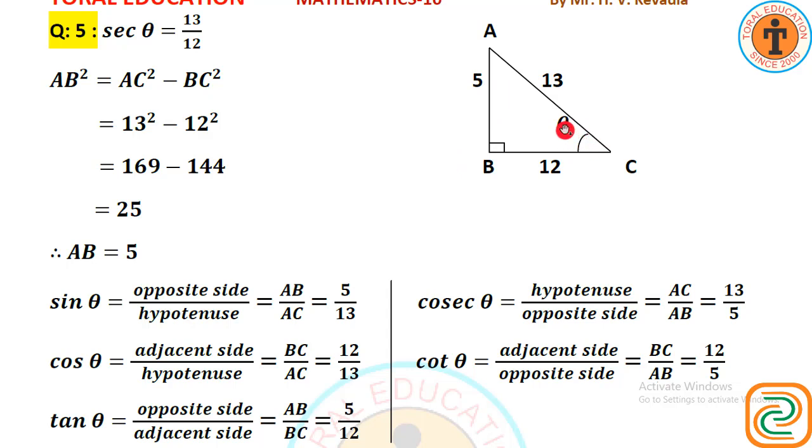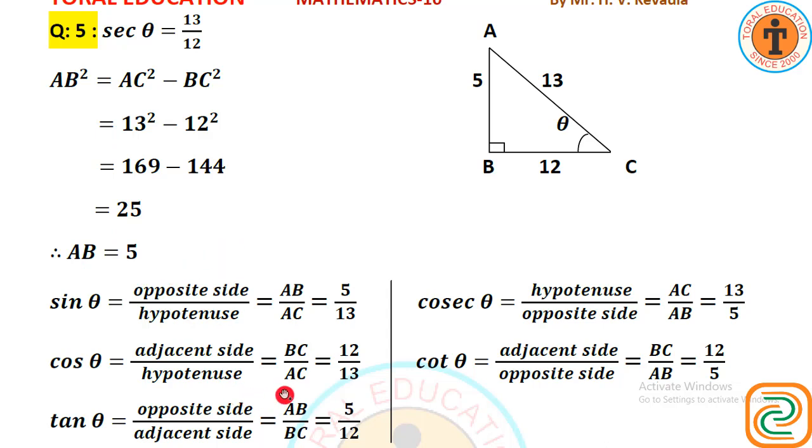So sec theta equals 13 upon 12, hypotenuse upon adjacent. We have to find AB square. So AB square equals AC square minus BC square, according to the Pythagoras theorem. That is 13 square minus 12 square, 169 minus 144 equals 25. AB square equals 25, therefore AB equals 5.